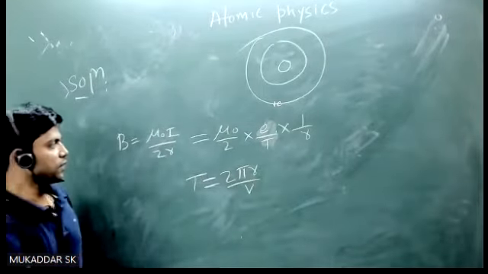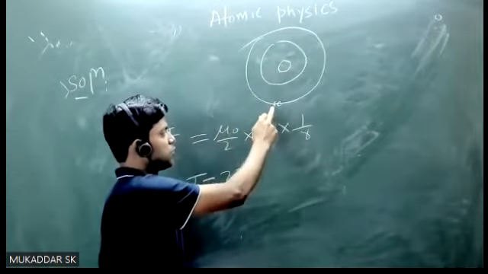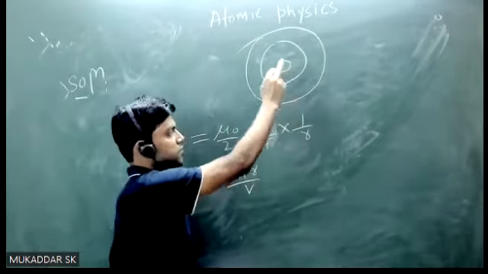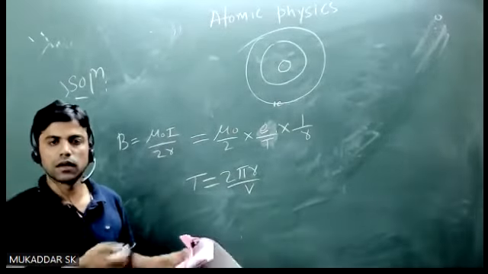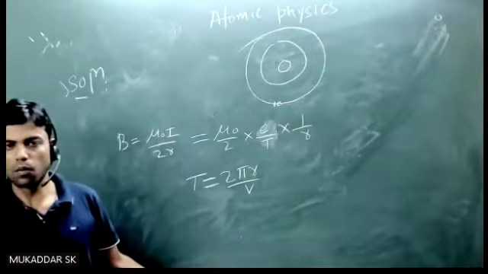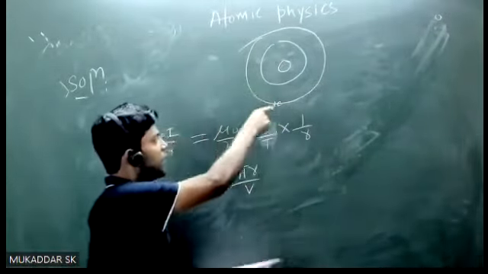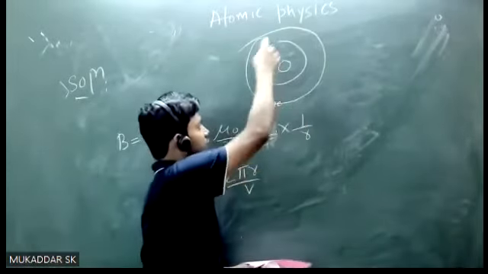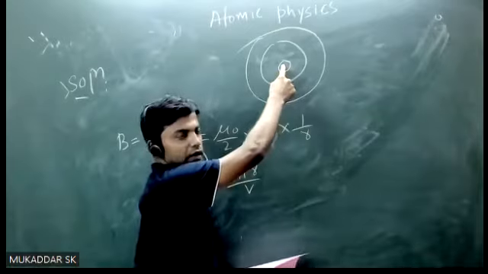So what I have done: the magnetic field at the center of the nucleus is due to the flow of charge, and the flow of charge is nothing but the flow of current, because current is the movement of charge. When the charge moves around this orbit, there will be a current, and that current will produce a magnetic field at the center of the nucleus.